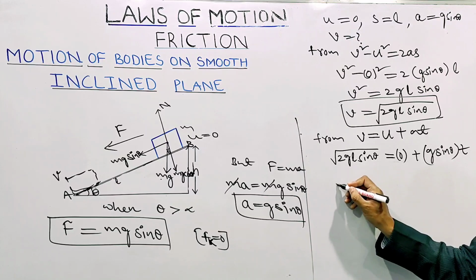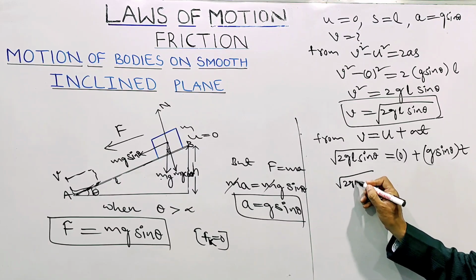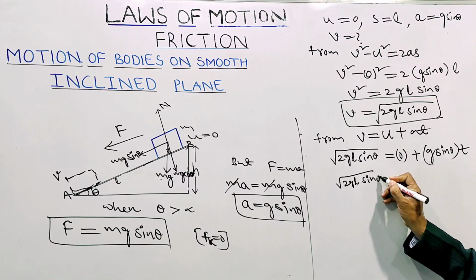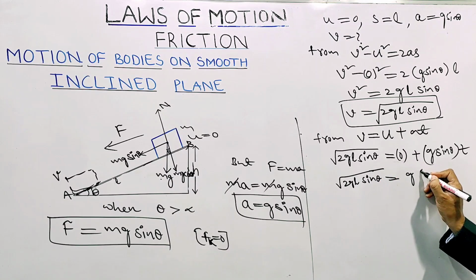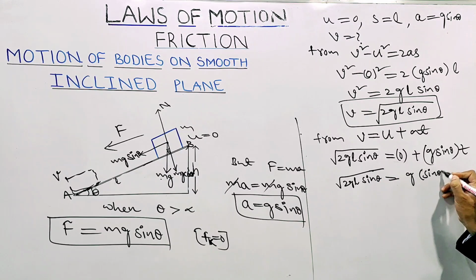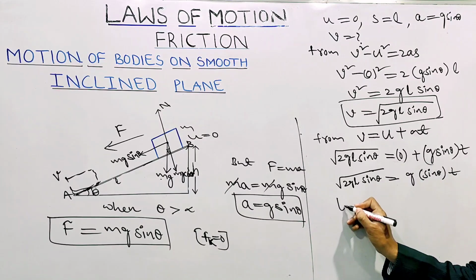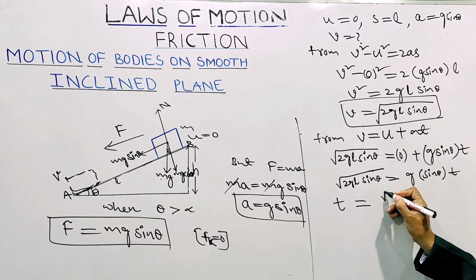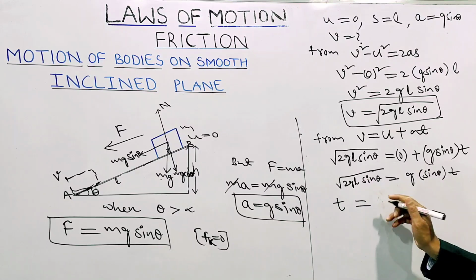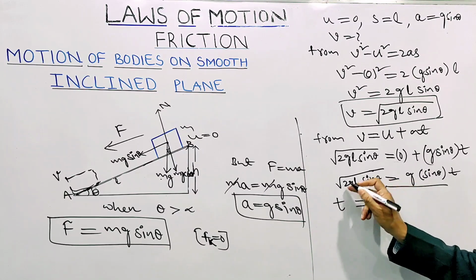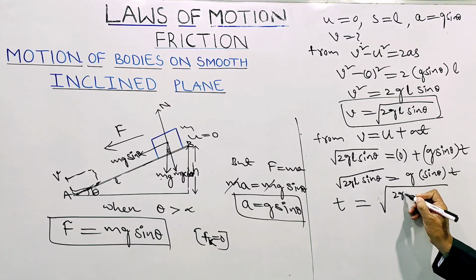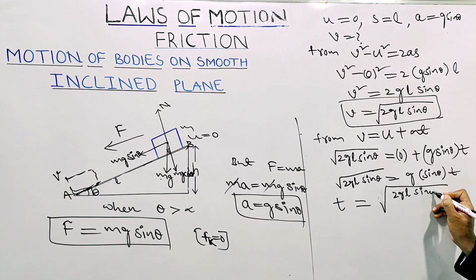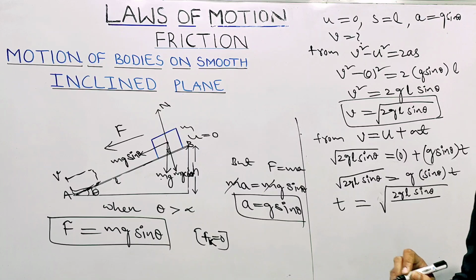Under root 2gL sin theta is equal to g into sin theta into t. So t equal to under root 2gL sin theta by g sin theta.